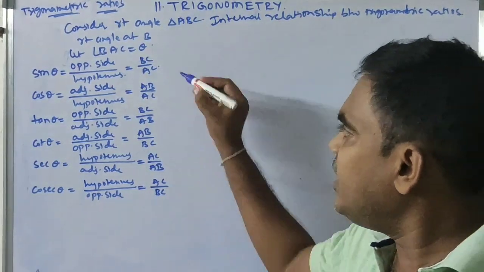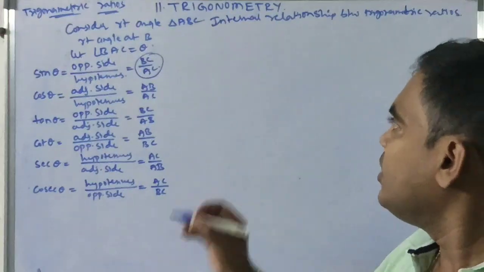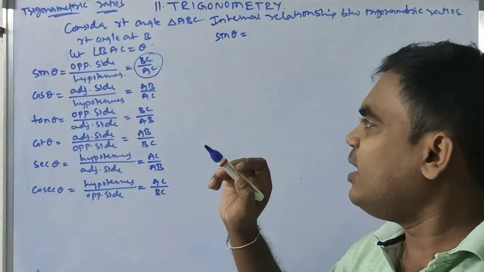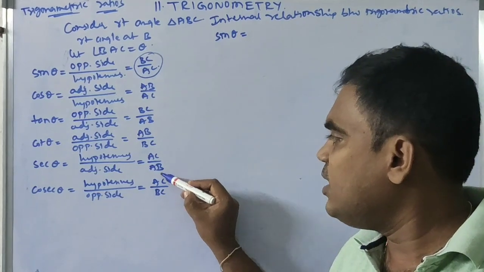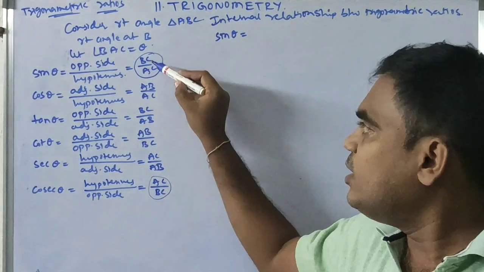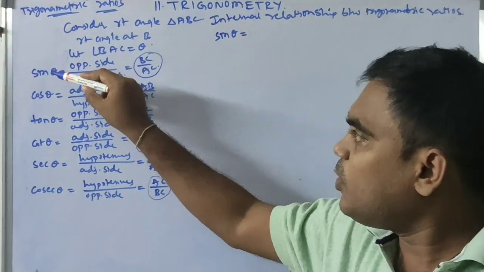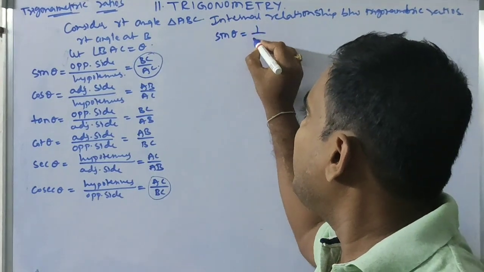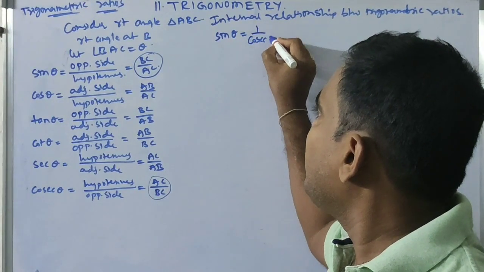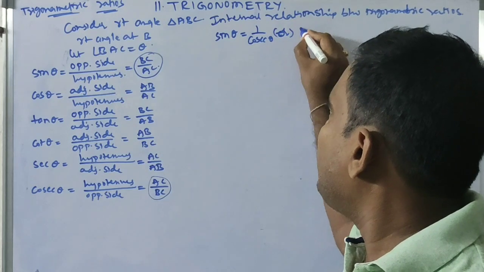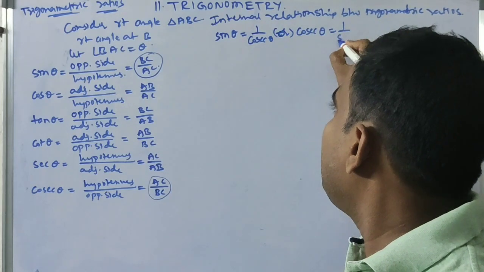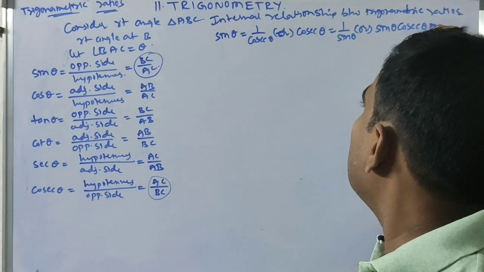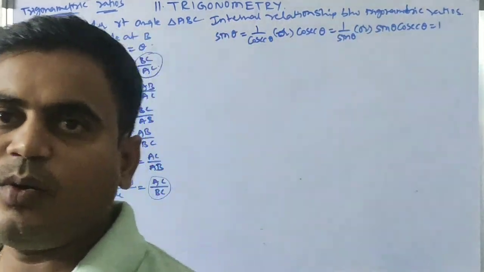If we observe sin theta, BC by AC, the same BC and AC give AC by BC. This is the reciprocal. So the reciprocal of sin theta is cosec theta, and the reciprocal of cosec theta is sin theta. Sin theta equals 1 by cosec theta, or cosec theta equals 1 by sin theta, or sin theta into cosec theta equals 1.